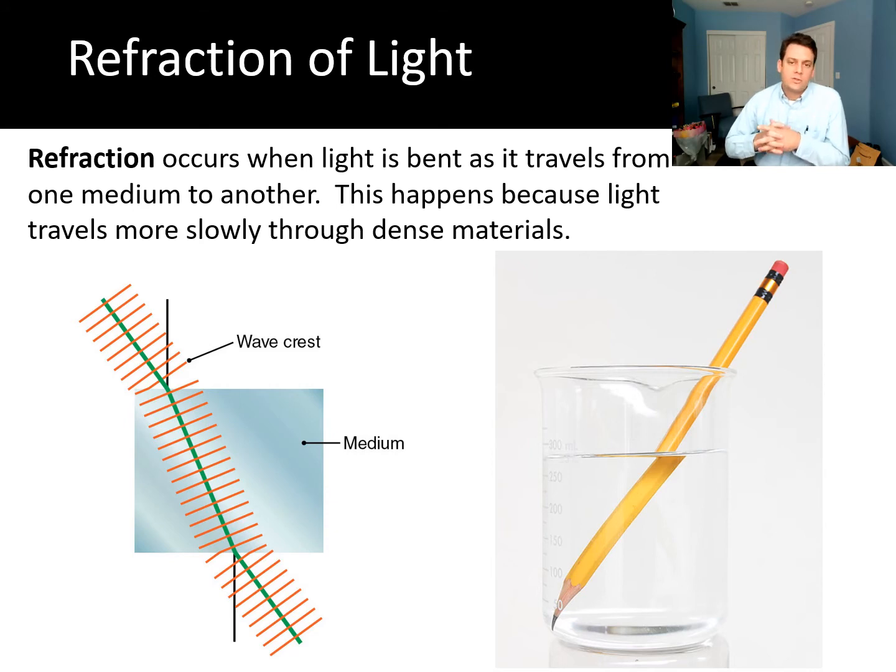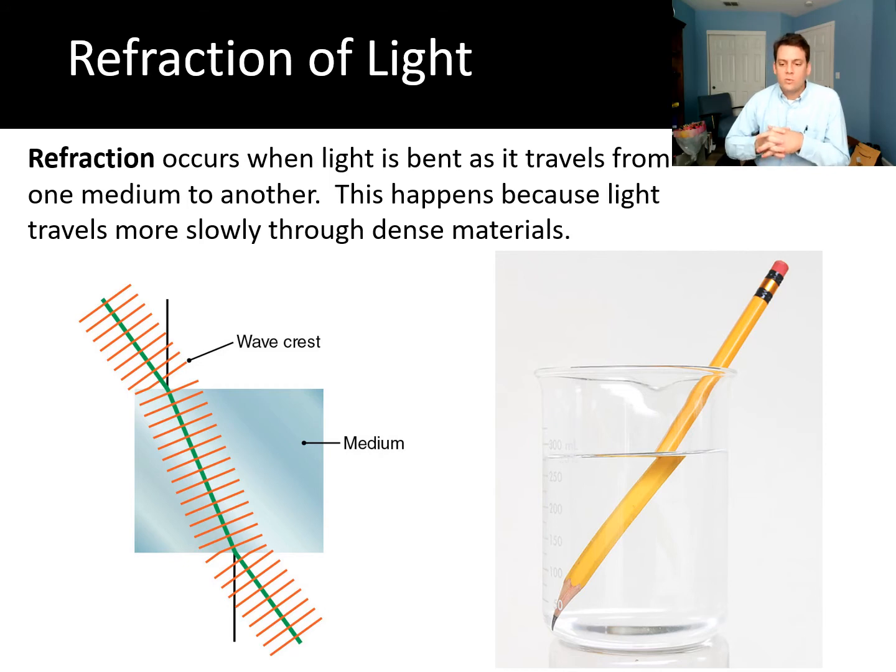Refraction, it turns out, is a property of every kind of wave. Sound waves refract, light waves obviously refract, water waves refract. Refraction is just a fancy word that means waves bend, they change direction when they move from one material into another.